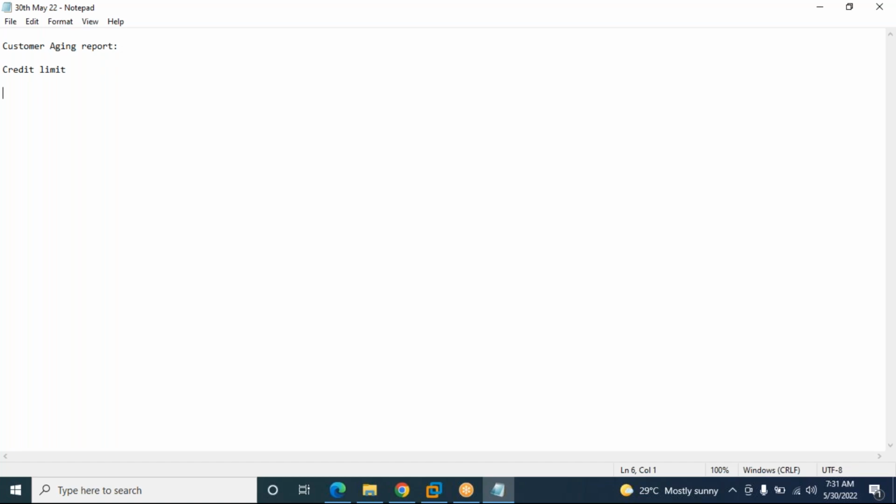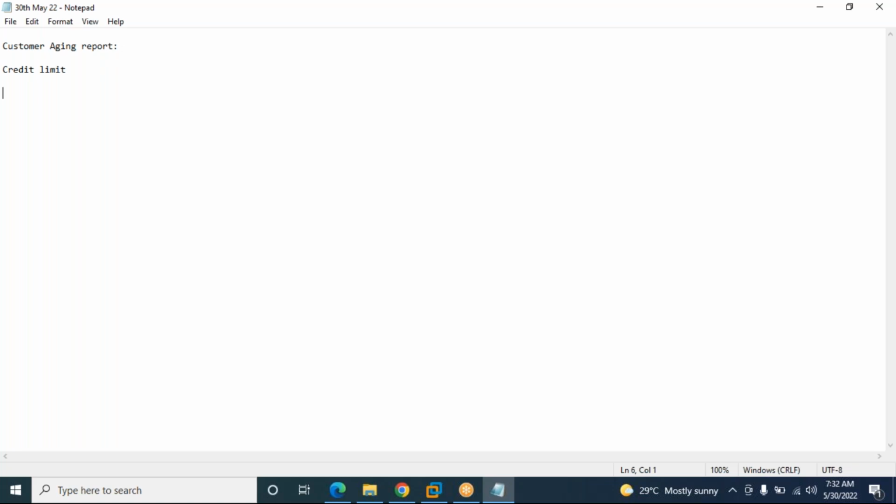Yes. So the credit of the customer means, suppose I'm selling material to the customer, but the customer can repay the amount or not, I need to think. If the amount keeps on increasing, then I need to think whether he can repay the pending balance to me or not.